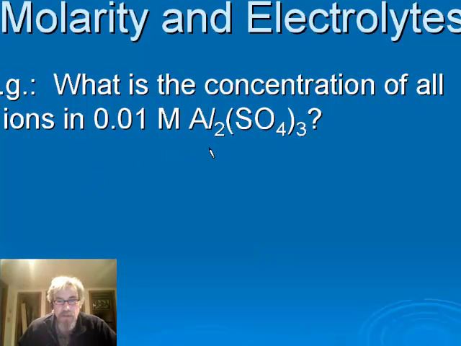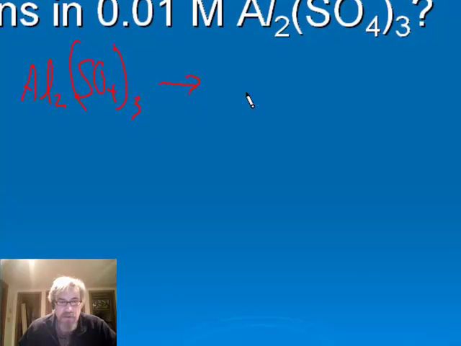Well, here's your answer. If I look at aluminum sulfate dissociating, I'm starting out with a compound that has 2 aluminums for every 3 sulfates. So that's how it's going to split up. I'll get 2 Al3+ ions in solution, and I'll get 3 sulfates, 3 SO4 2- ions in solution. If I have a 0.01 molar solution of Al2SO4, every one of those gives me 2 aluminum ions. It's a stoichiometry thing, 1 to 2.